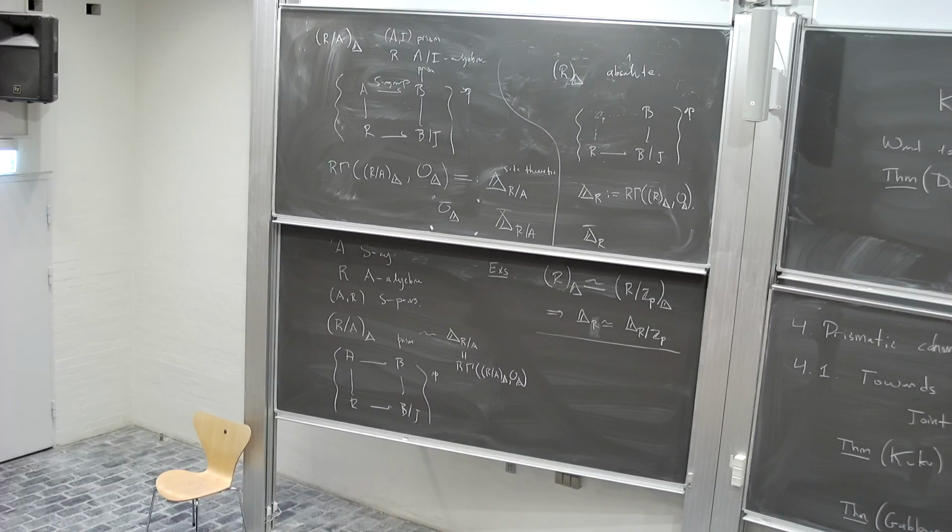And maybe as a sanity check, one way to think about this is that Bhatt and Lurie proved that for regular Noetherian rings, the absolute prismatic cohomology is already Nygaard complete. So there you wouldn't have a difference anyway.